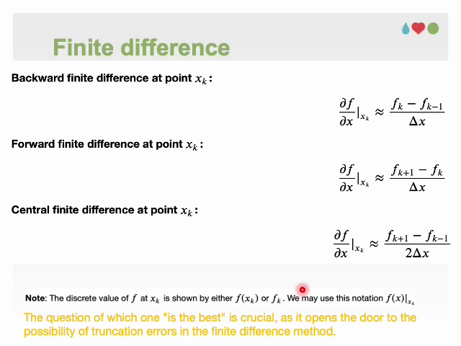Please note the notations used for discrete values of a function f at a given point xk. It can be shown either as f(xk) or fk, as well as through this notation.